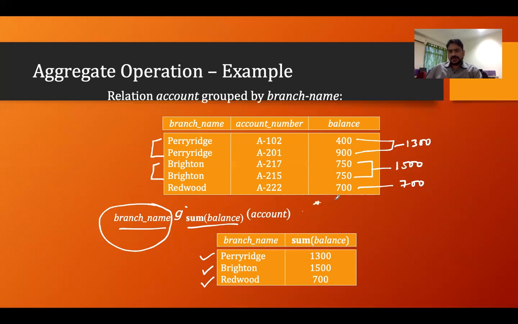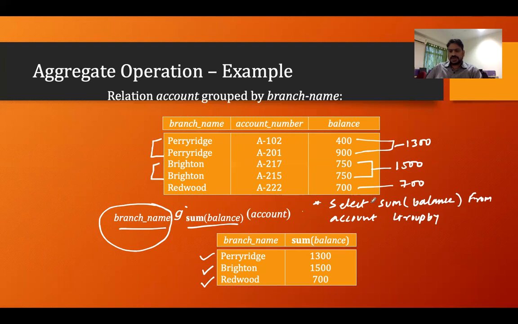I'll write the SQL query. Select sum balance from, this is the account table, from account. Then I'll use group by. How are we grouping it? We are grouping it based on the branch name.